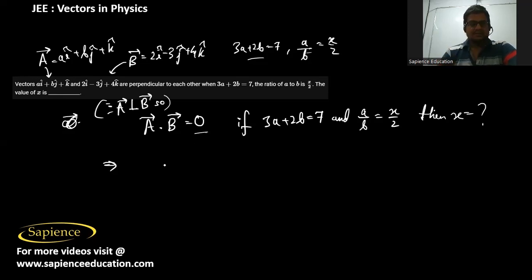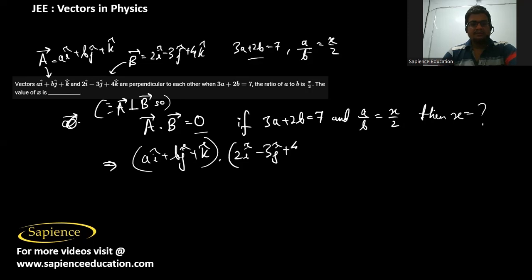It means the scalar product, that is (a i cap plus b j cap plus k cap) dot (2 i cap minus 3 j cap plus 4 k cap), is equal to 0. So it means 2a minus 3b plus 4 is equal to 0.